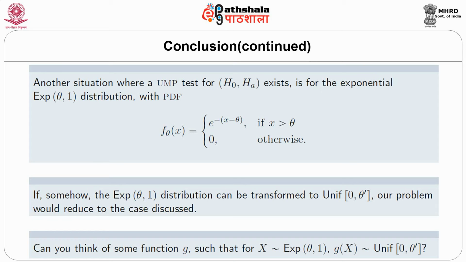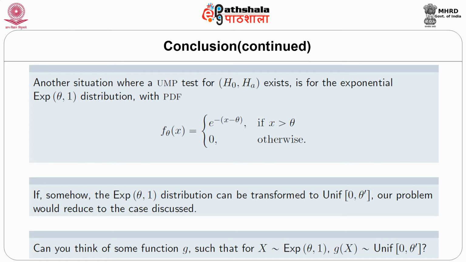If this is possible, then if you have a random sample x1, x2, xn from this distribution, then g(x1), g(x2), g(xn) is a random sample from the uniform 0 theta prime distribution, and you can definitely solve that problem using the uniform distribution population problem. So, it can be easily solved.